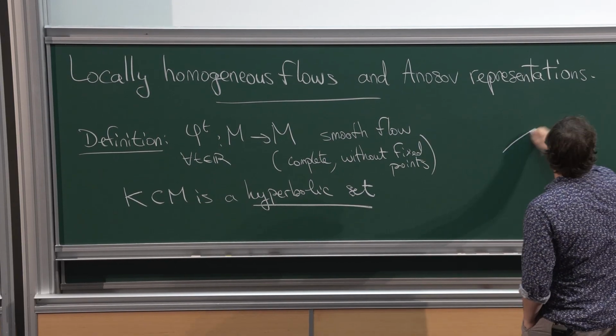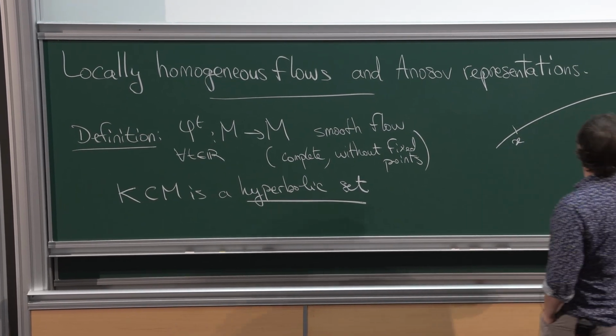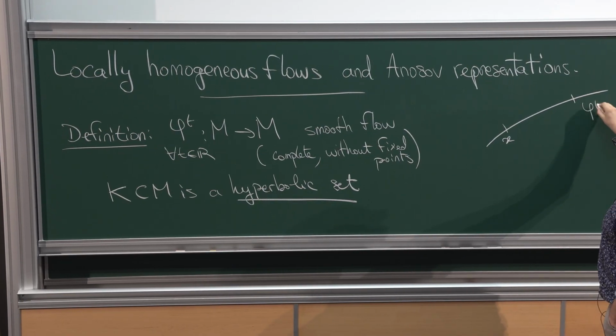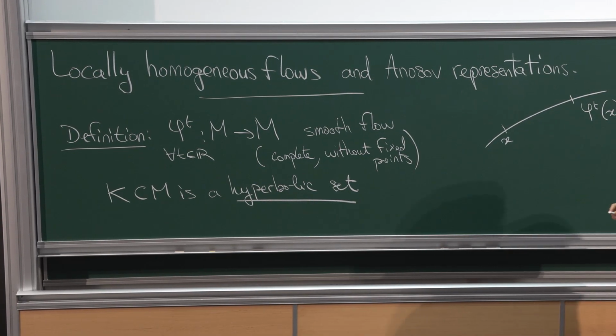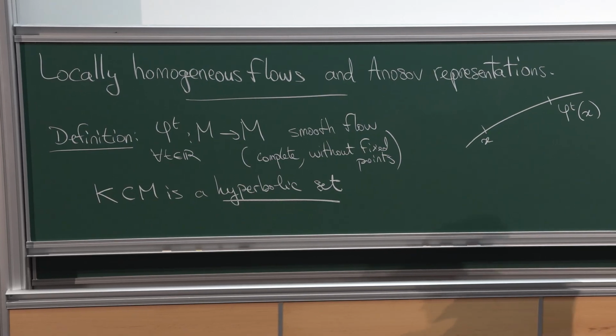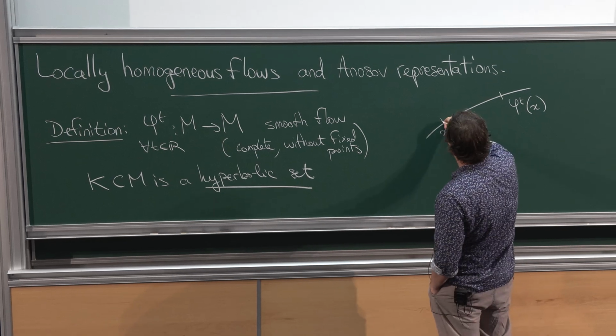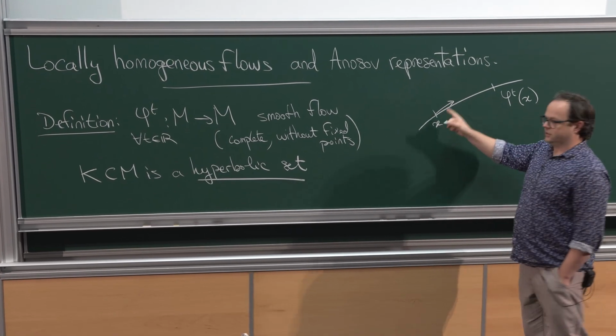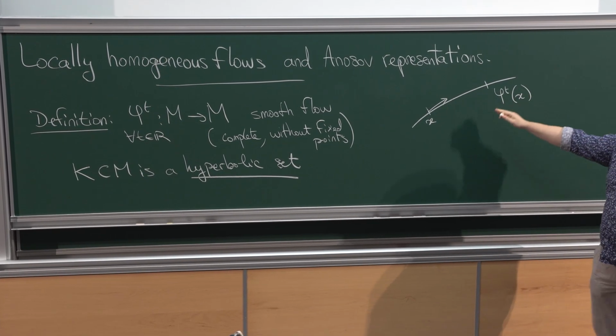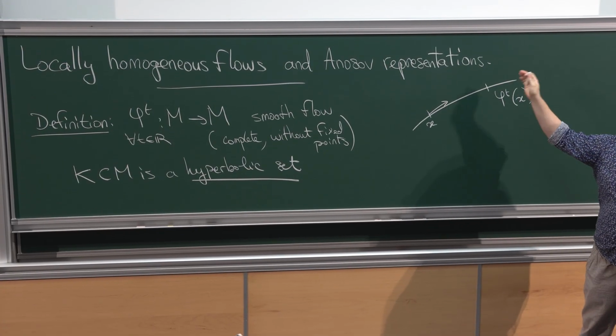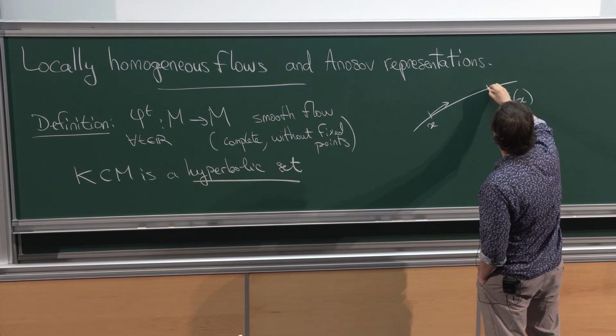So if you're flowing out, starting at some point x for some time t, there's already one direction whose behavior you know under the flow, which is if you look at the vector field generating the flow, after time t, it will be transported by the differential of the flow to the vector field itself. Right?